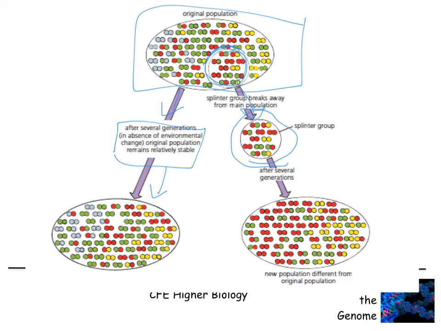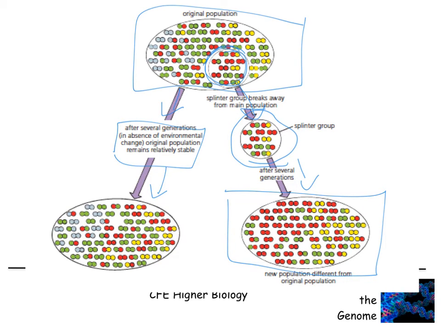So therefore, what happens over time, as the members of the splinter group reproduce, is a whole new population gets produced, which is different from the original population, and there's been this change in the frequencies of gene sequences, and there's actually been the loss of an allele in that population.